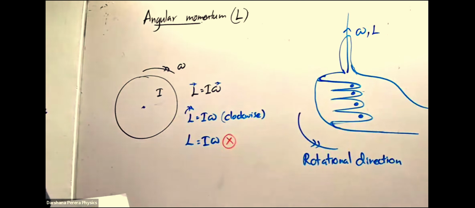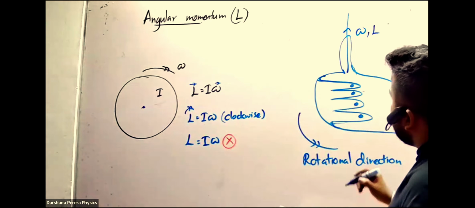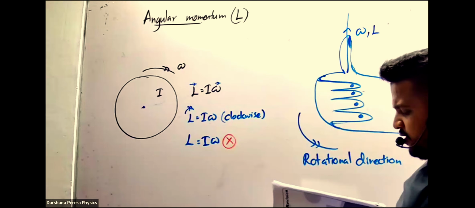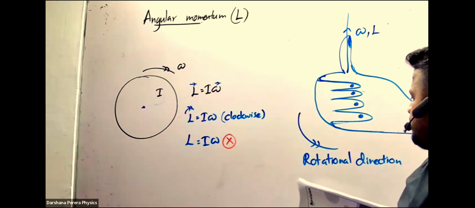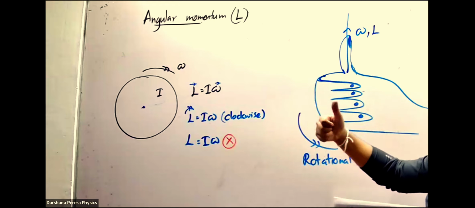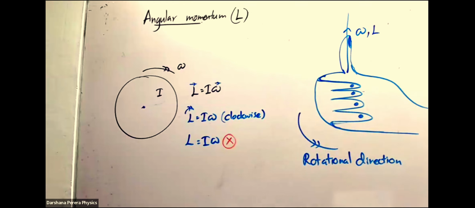When you place the right hand with the thumb in this direction and focus the other four fingers in the rotational direction, L and omega are in this direction.